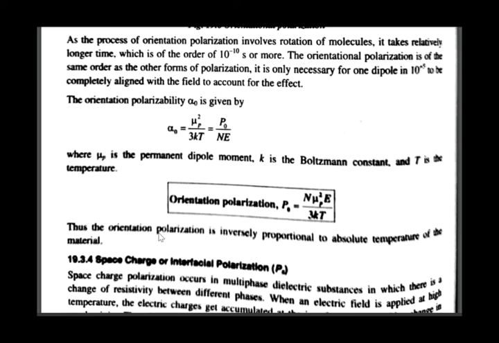Orientation polarization P_O is equal to N times mu p square into E divided by 3 kT. Mu p is permanent dipole moment possessed by the individual dipoles. Thus, the orientation polarization is inversely proportional to absolute temperature of the material.